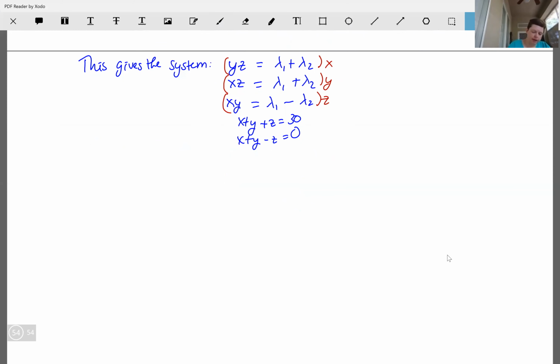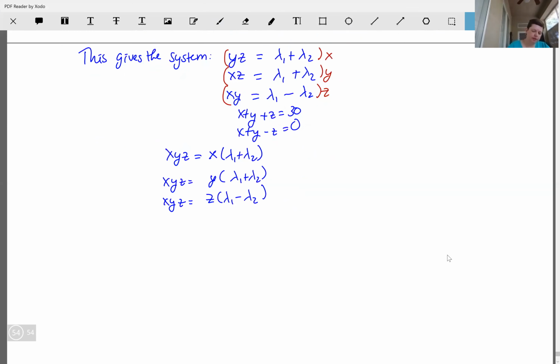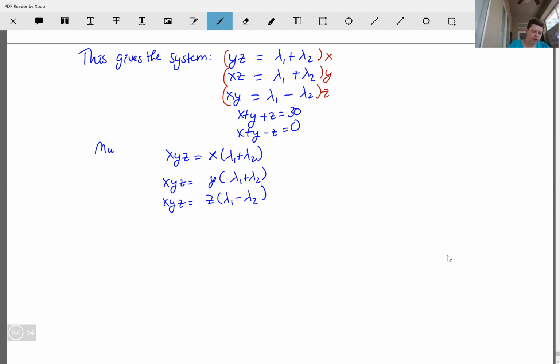So we're going to get xyz is equal to x times lambda sub 1 plus lambda sub 2. xyz is going to equal y times lambda sub 1 plus lambda sub 2. And xyz is going to equal z times lambda sub 1 minus lambda sub 2.